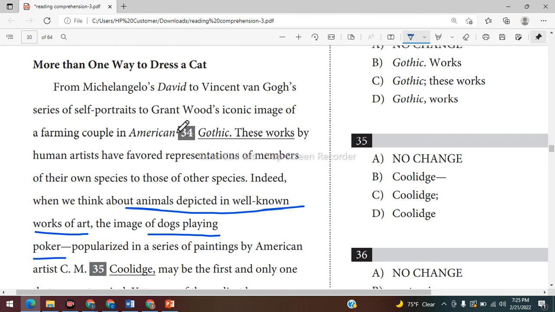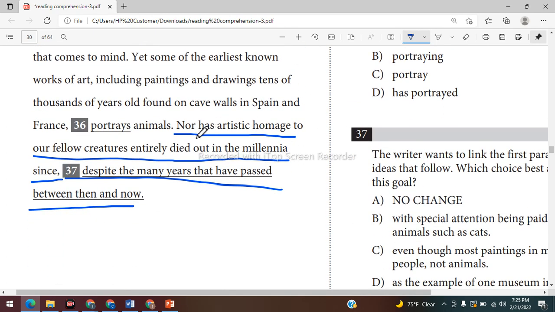And they said, okay, that happened in the past, but I like what the sentence does. The sentence says, nor has artistic homage to our fellow creatures entirely died out. So they're saying that yes, it has been done in the past, but guess what? Even into this present day, it is still being done.